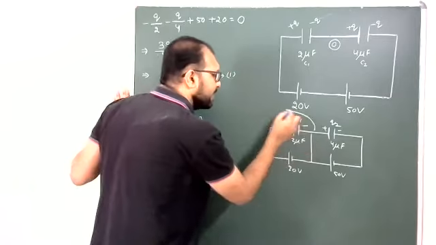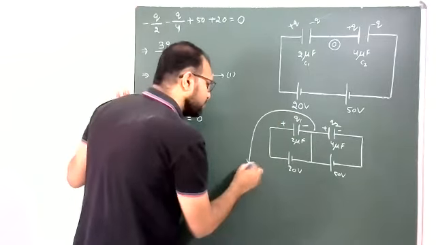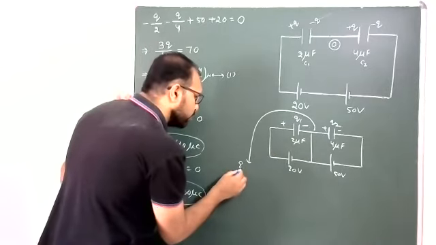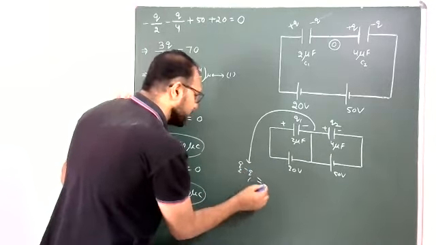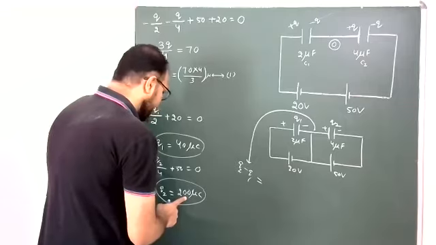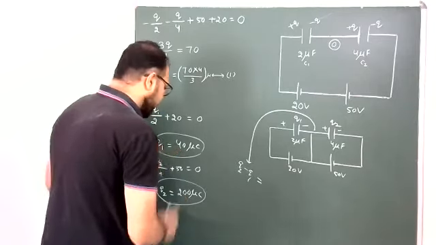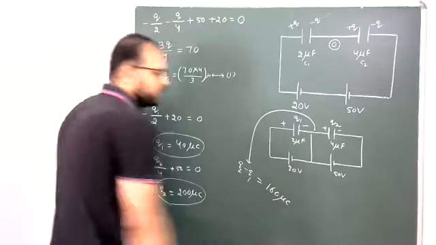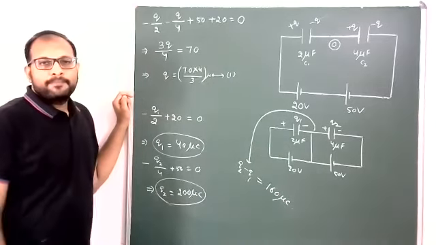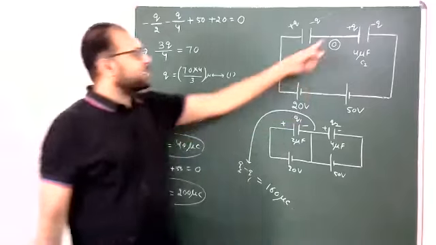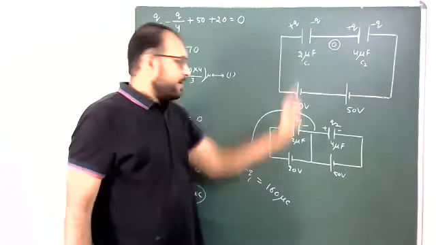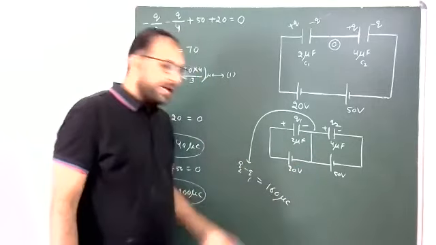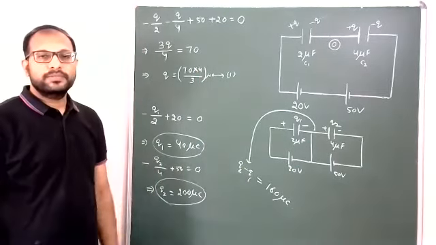Here I am calculating the total charge: plus Q2 minus Q1, so Q2 minus Q1. Q2 is 200, Q1 is 40, so 160 microcoulombs. Previously 0 charge, but right now the same location has 160 microcoulombs.